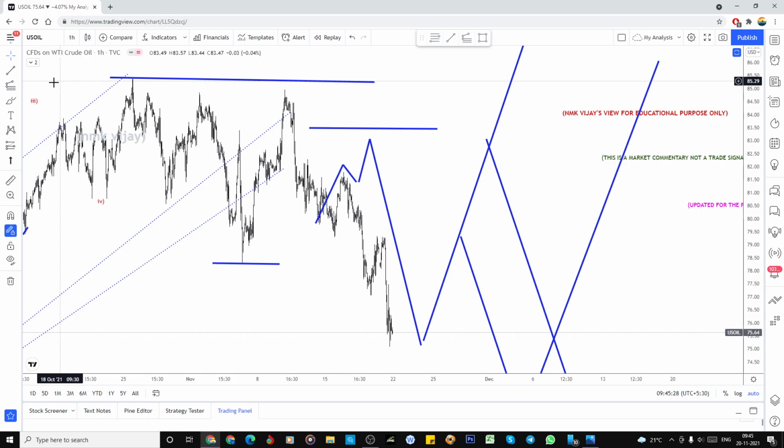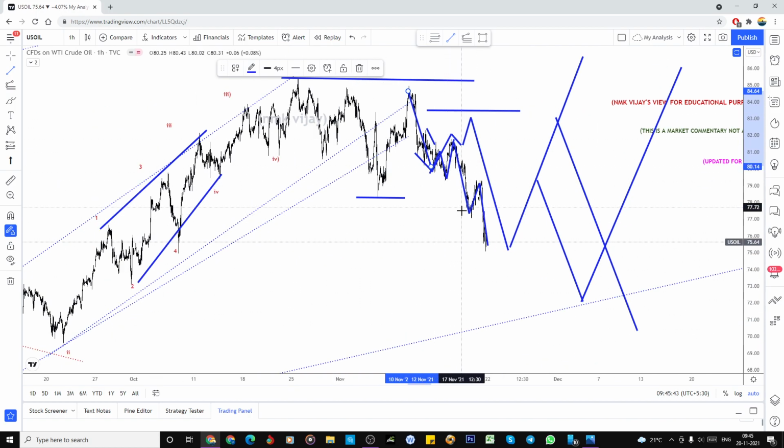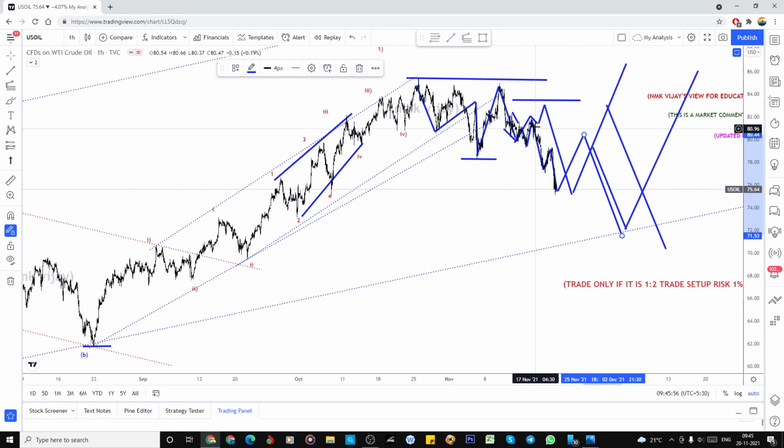That means it already did here as an expanded flat, and later onwards it is done. So we have to consider this as a wave 1, wave 2, wave 3, wave 4, wave 5. So either we have to consider this as a W, this could be the X wave, means this could be A, still one more B to the downside is also possible.